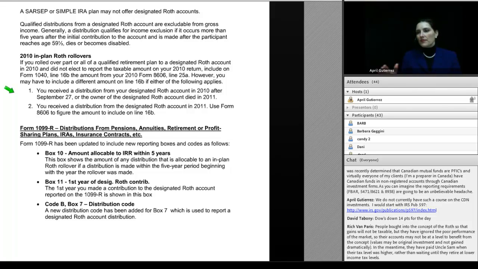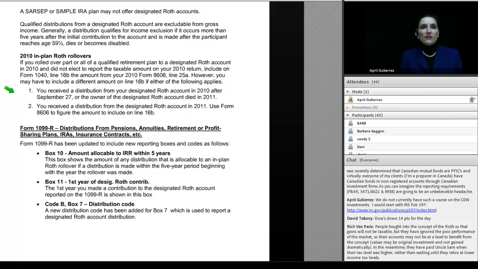And that rule that allows those rollovers from retirement accounts into in-plan Roths or to external Roths continues to be in effect. This is a pretty big change because for the whole history of Roth IRAs, in the early days, the only way you could put money into a Roth was as a cash contribution or as a rollover from a traditional IRA. And over time, the rules have loosened to allow rollovers from regular types of retirement accounts.